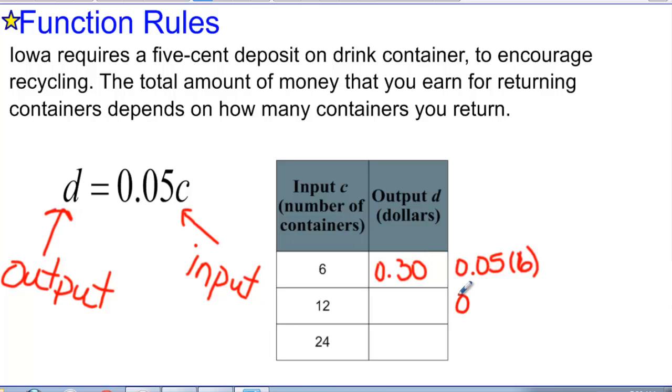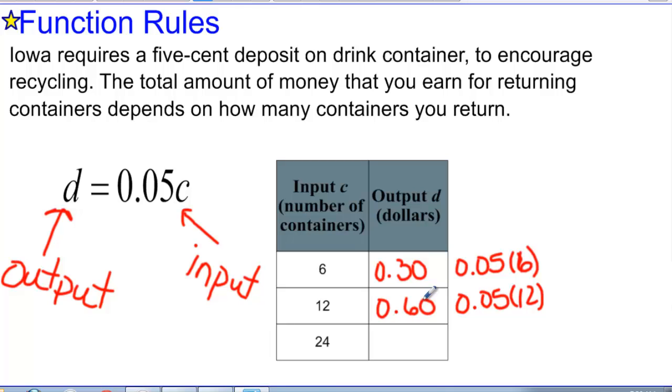If I bring 12 containers back, I'm going to figure out how much money I'll get by doing 0.05 times 12. And I know that 5 times 12 is 60, so I'm going to get 60 cents back.